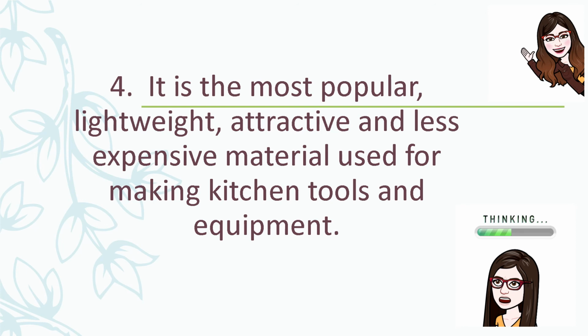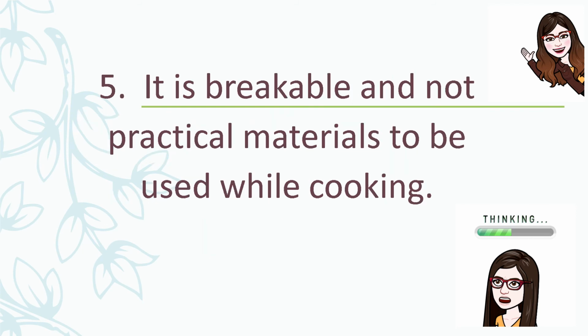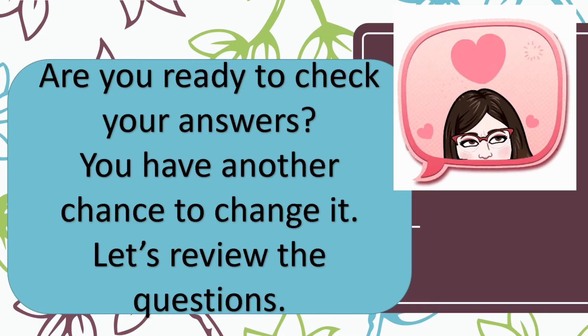What is it? Okay, number 5, it is breakable and not practical to be used while cooking. But you can actually use it for baking because the heat can evenly spread on this. Alright, are you ready to check your answers?